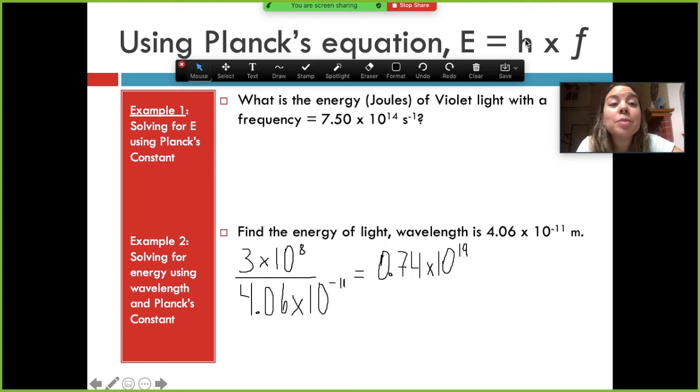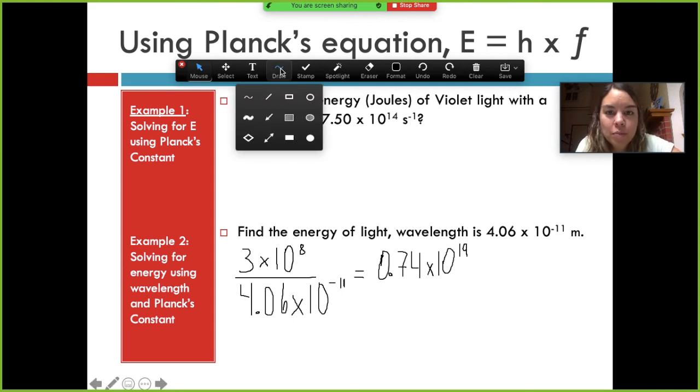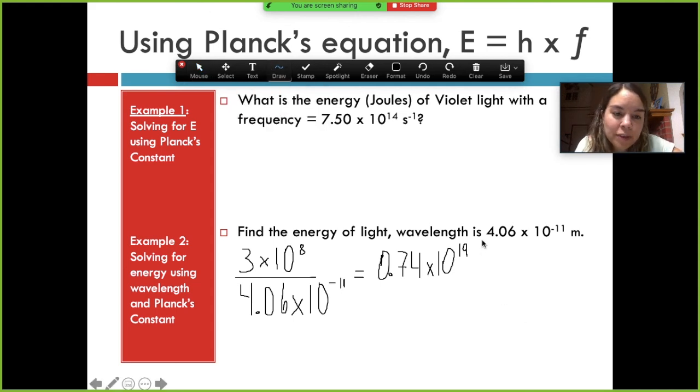We still have to multiply times Planck's constant, which is 6.626, or 6.63, times 10 to the negative 34. So I am going to multiply my frequency times 6.63 times 10 to the negative 34.